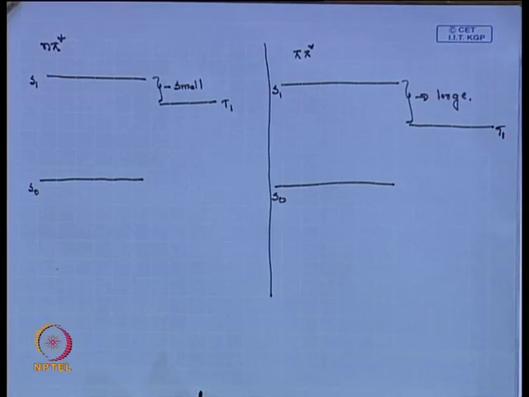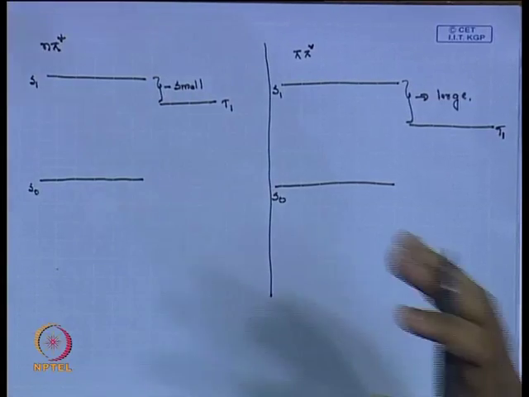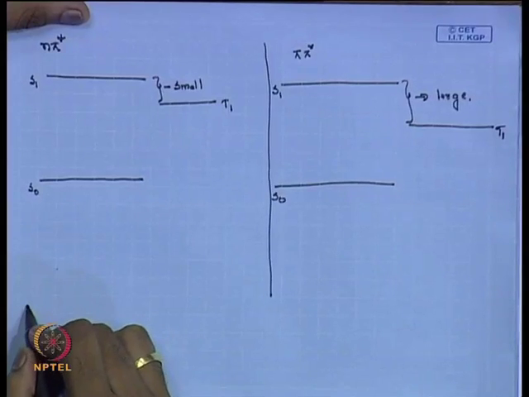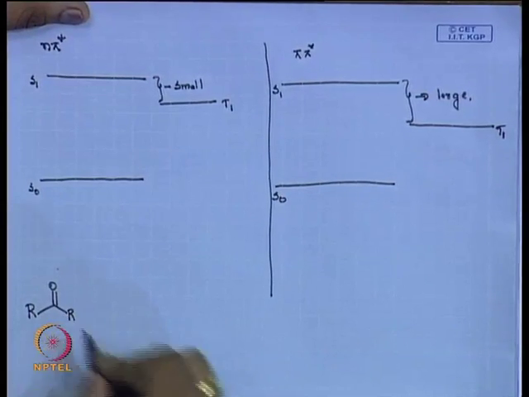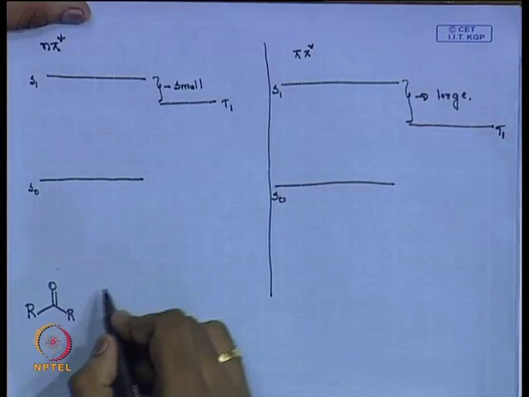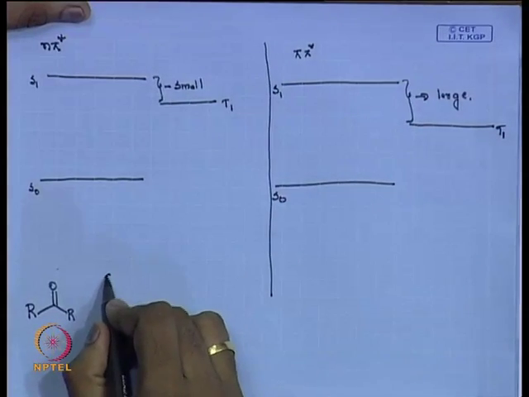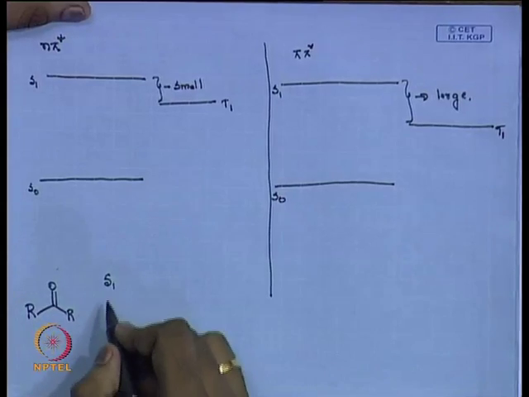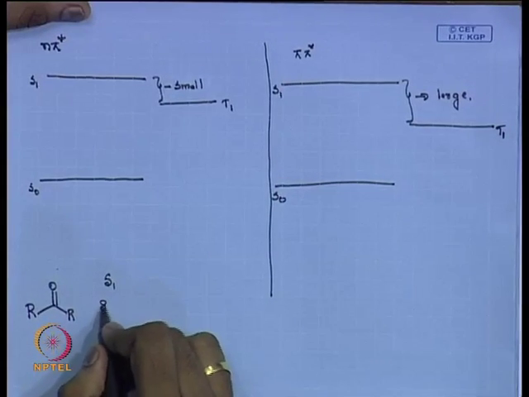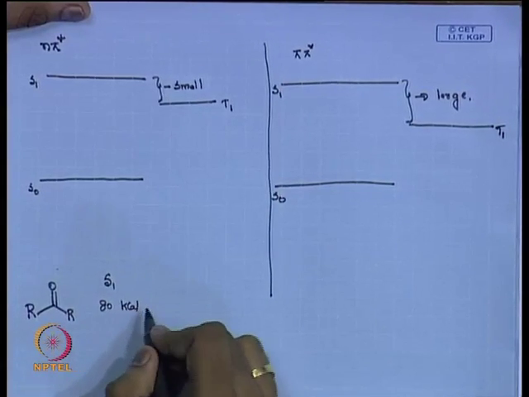Now, what small and large mean, we will see by numbers, then we can understand how small, how large it is. For example, I will take a ketone. If you see the singlet energy level of a ketone, most of the time it is 80 kilocalories per mole.